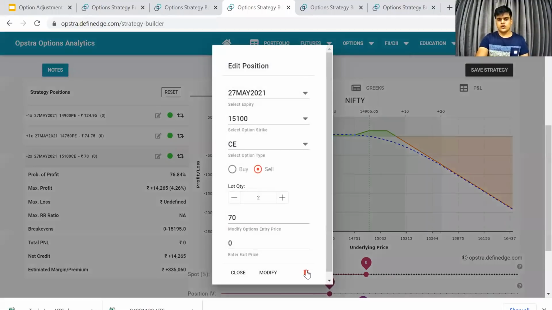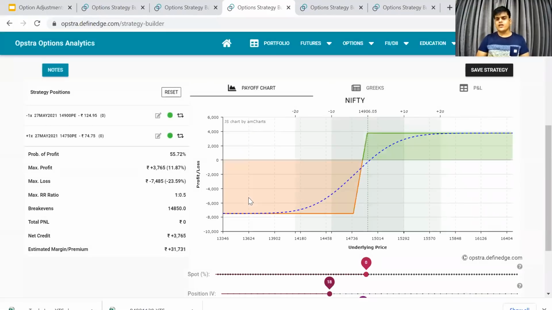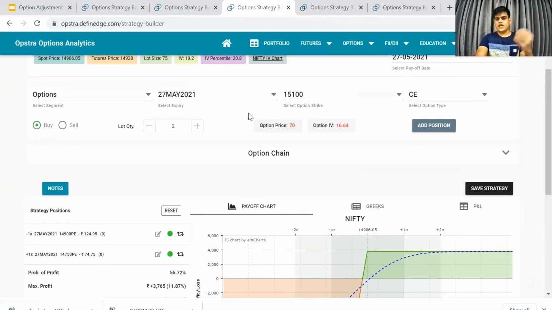So we were in this position. If the view goes wrong, when will the view go wrong? When a certain level is broken, right? So this is a position you are planning to hold till expiry. Suppose you think that 14,850 is a good support, and that is broken, or your break even leg is challenged. Then from the level from where Nifty has rejected any higher level, you think that that is a resistance, you can create sell calls and buy higher calls.